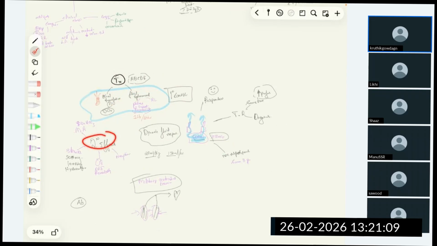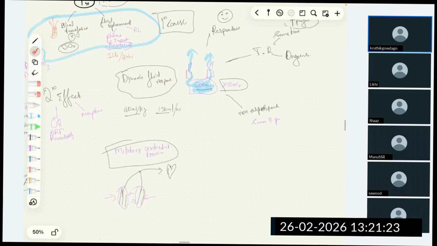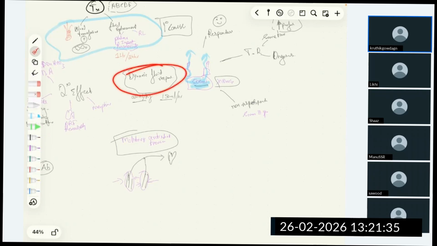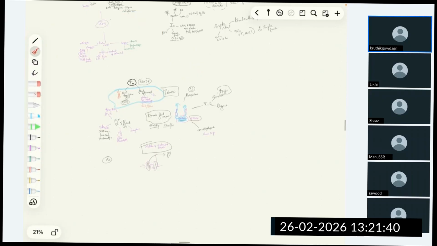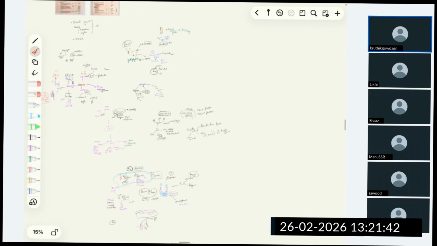The secondary effects like metabolic acidosis should be managed with NaHCO3, SIRS with steroids. Steroids are very useful. Acute renal failure, if severe, hemodialysis, morphine to control pain, and also the fluid therapy. Here we give 20 ml per kg or 150 ml per hour. We talked about dynamic fluid response, and at last, I mentioned a few things about the military anti-shock trouser. I hope all of you understood hypovolemic shock in depth.